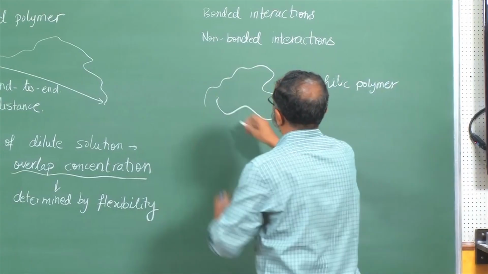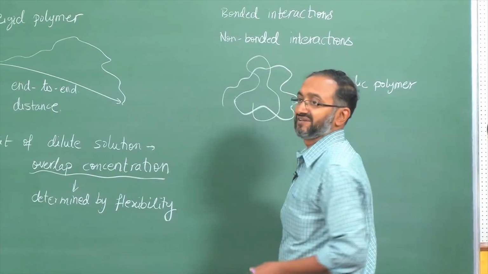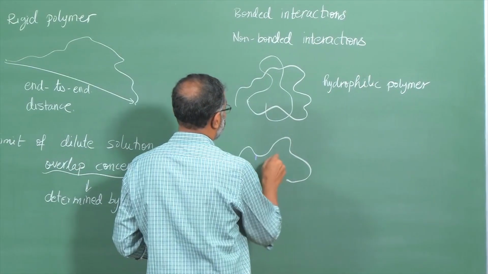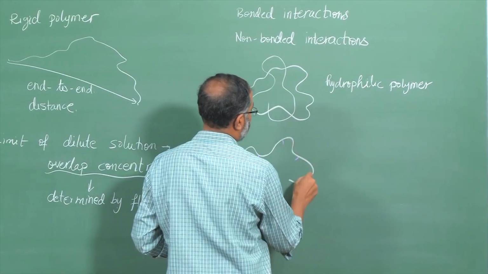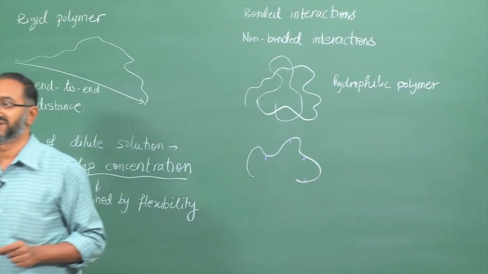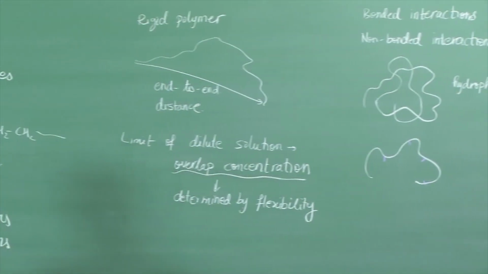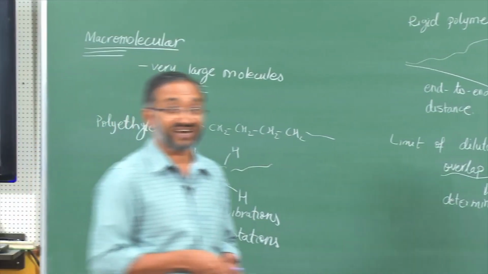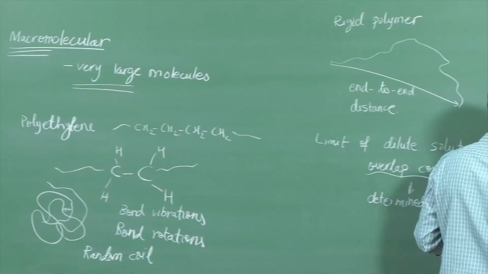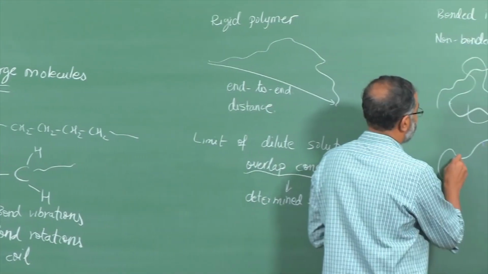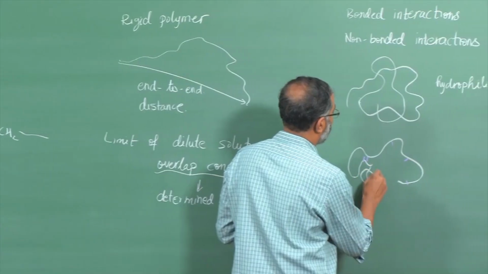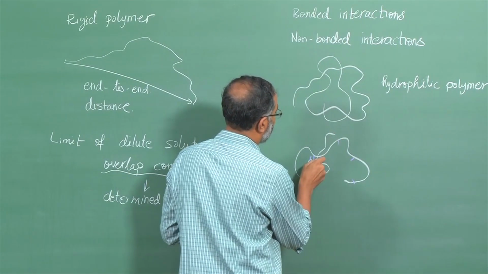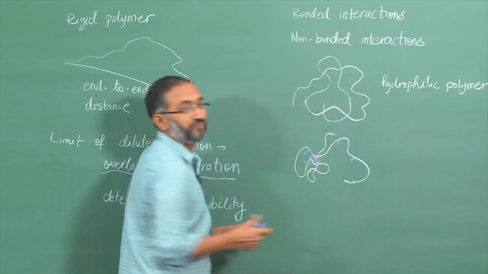So, it will generally adopt some coil like structure. Now, the same hydrophilic polymer I take and I start adding few hydrophobic branches on it. Now, what will happen is these hydrophobic branches will have a tendency to come together, and so in that case you might get a far tighter molecule, because all these different sections want to come together and form such hydrophobic regions.